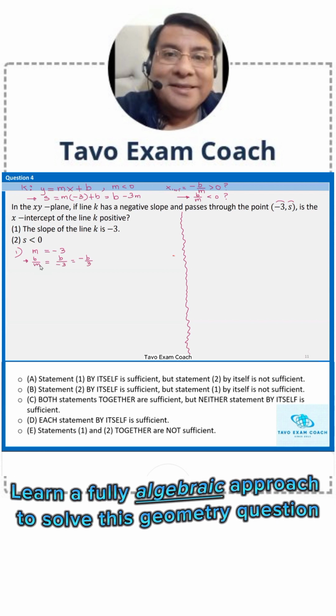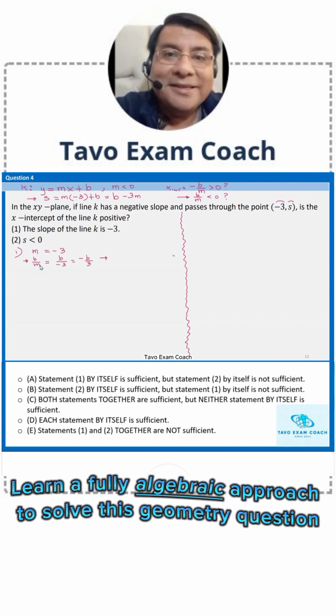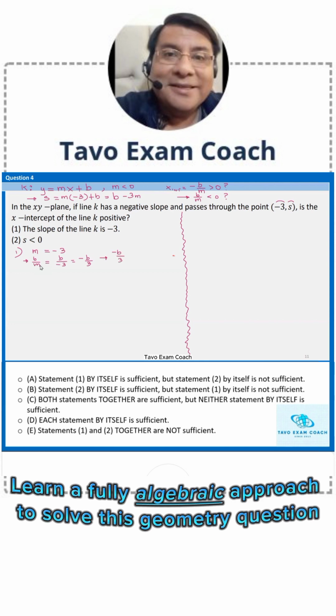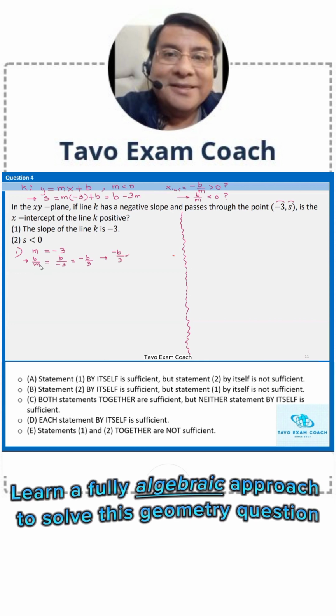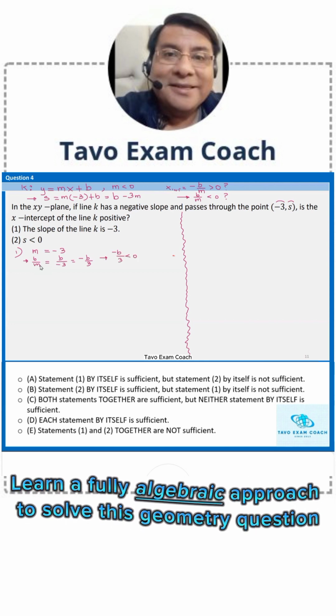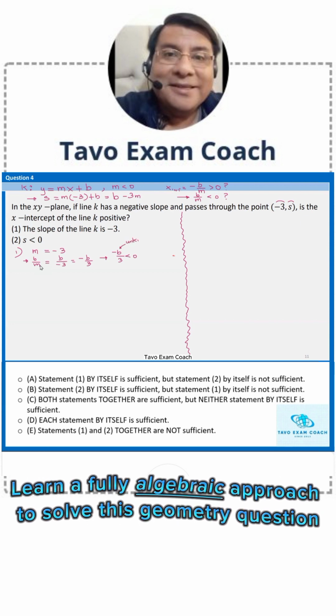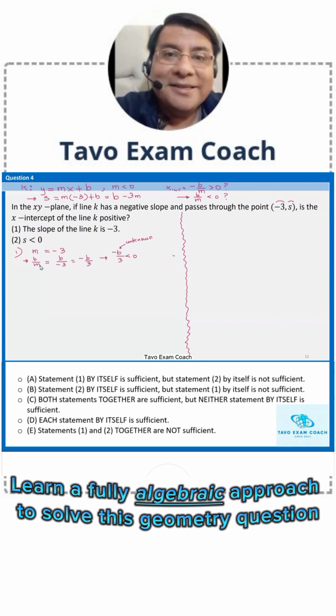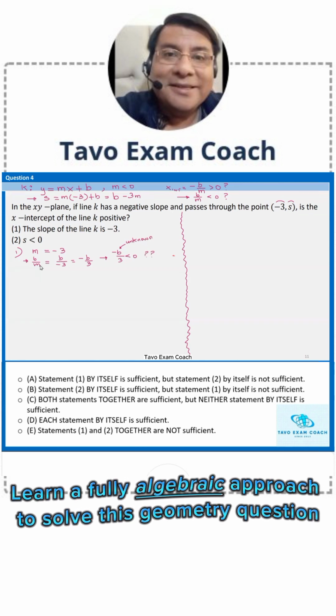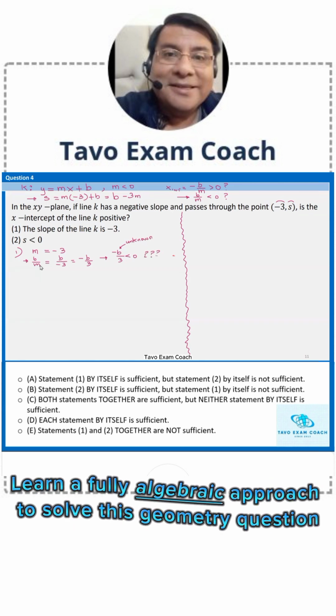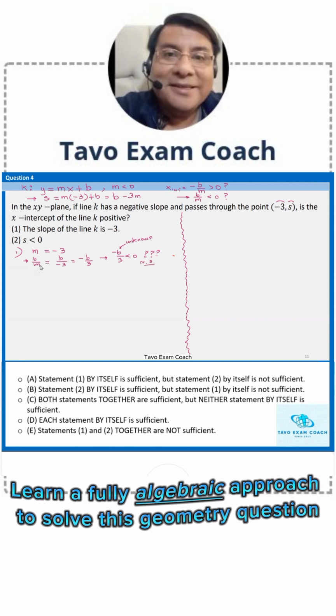But can we say whether -b over 3 is less than 0? Well, we don't know because we don't know the value of b. It is an unknown. So this is not possibly determined. Statement 1 alone is not sufficient.